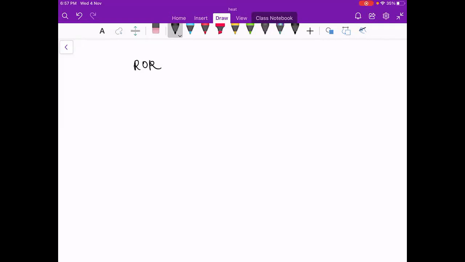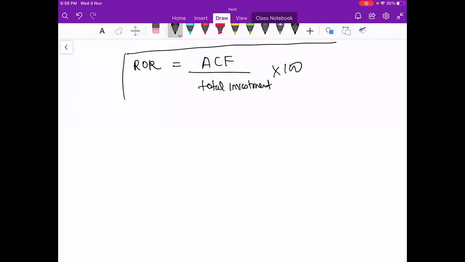If it is given that you have to calculate after tax, then use ACF upon the total investment in the denominator, into 100. But this formula is not used in practical life.